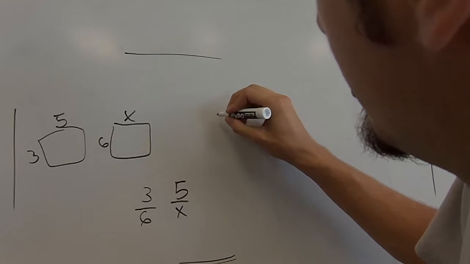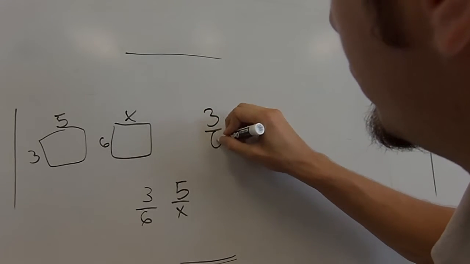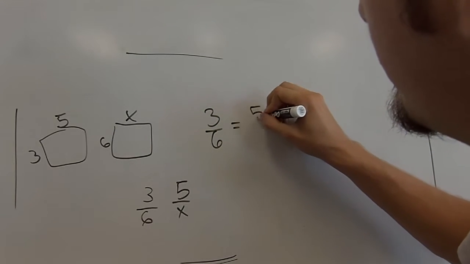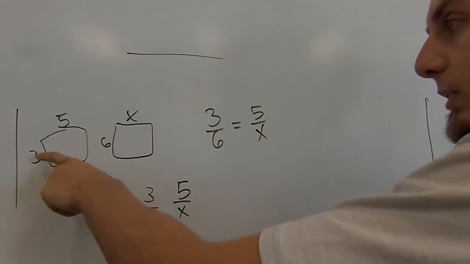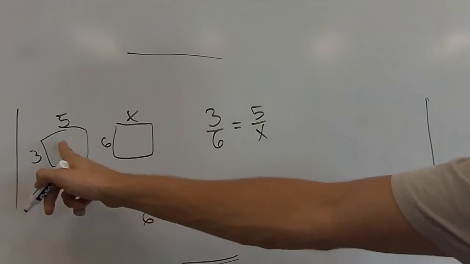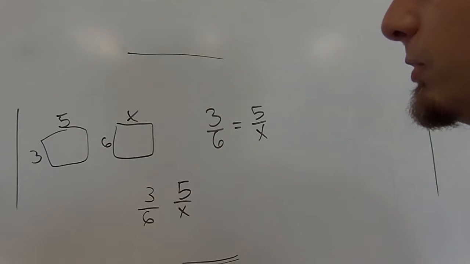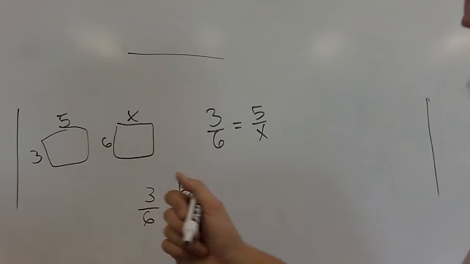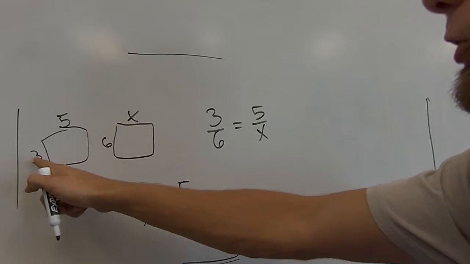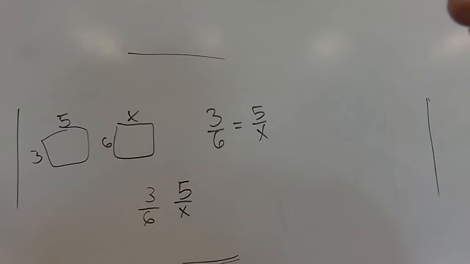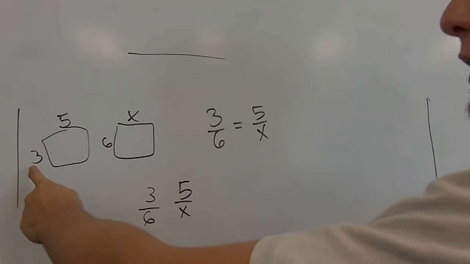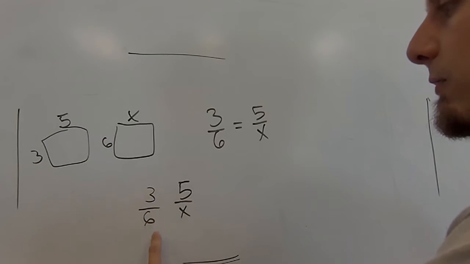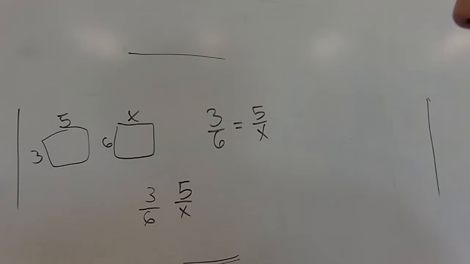Okay, so this 3/6 should be equal to this 5 over x, because I told you ahead of time these were similar rectangles, and so you know that the corresponding sides create the same ratio, or in other words, equivalent fractions. They both share a 1 to 2 ratio, because if I reduce this 3/6, it reduces to 1 to 2.